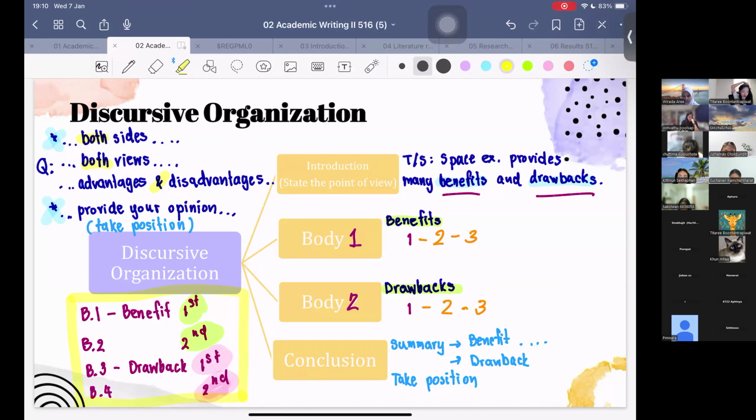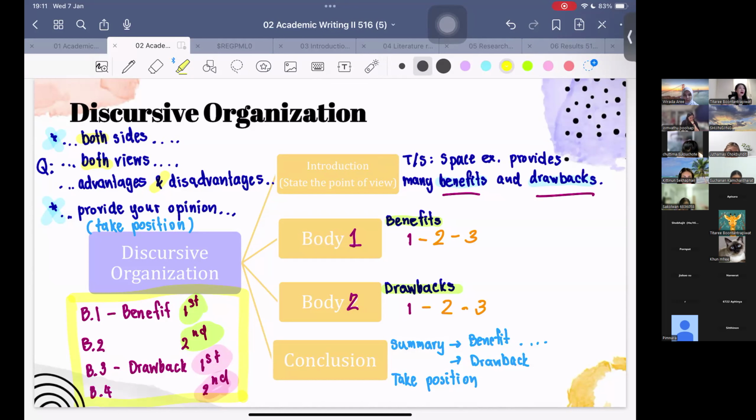For a discursive essay, since the question asks you to discuss both sides, normally you talk about positive and negative things. It means that you need to provide the benefits and the drawbacks in an equal amount.